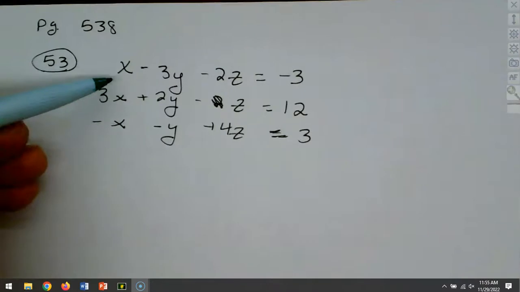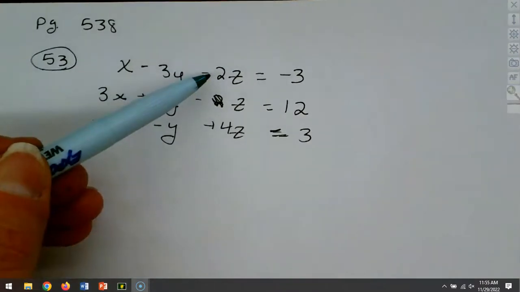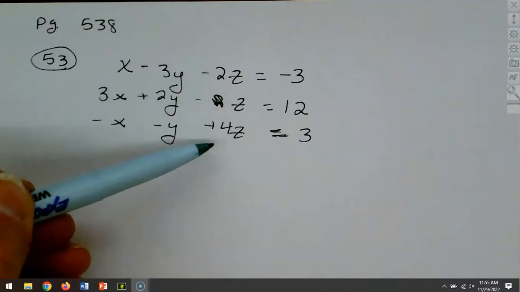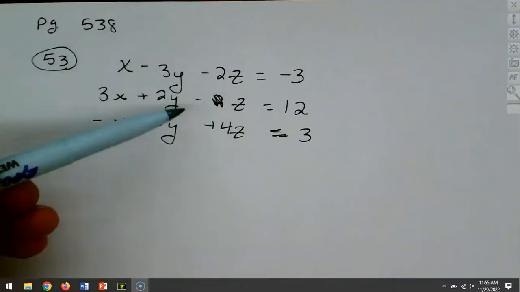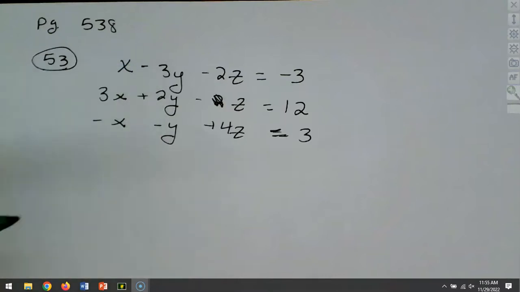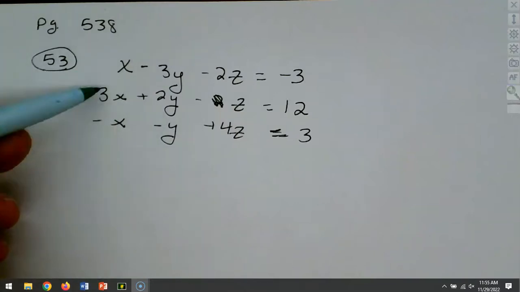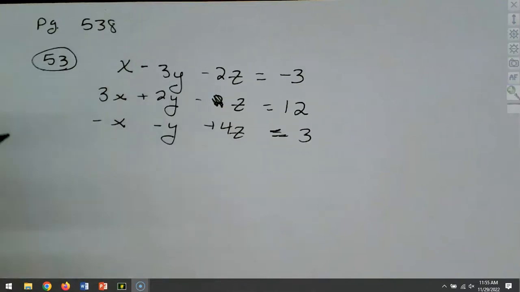Now, we could eliminate for the x pretty easily, no problem there, or we could eliminate for the z, because 2 and 4 can go together. But I would really try to eliminate not the y, because that would be the hardest, because they have nothing in common. The absolute easiest would probably be the x, because those can already go together, and then that can go together with that. So you want to pick the ones with the smaller numbers.